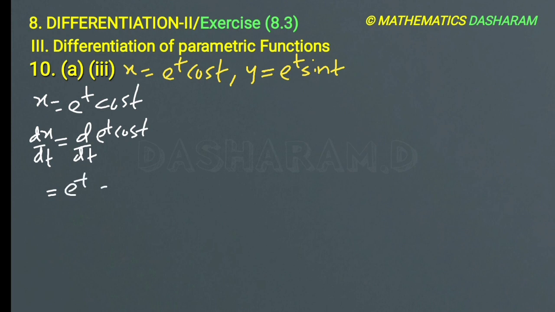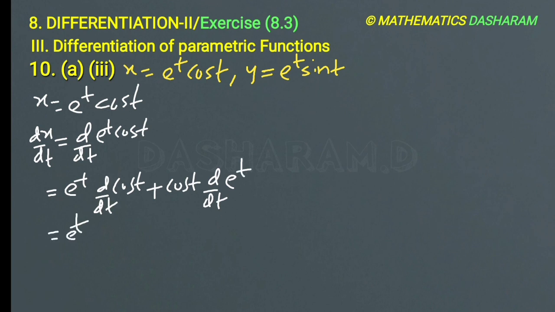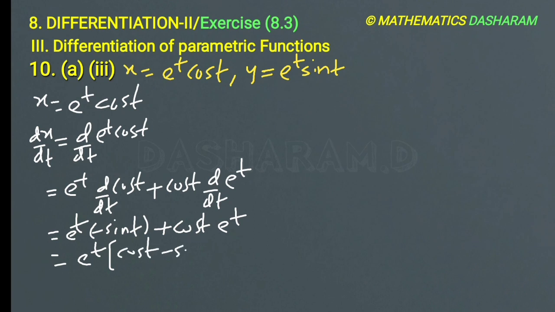That is e power t into d by dt of cos t plus cos t into d by dt of e power t. So e power t into derivative of cos t, minus sin t. Next, cos t into derivative of e power t, which is e power t itself. Now we can take e power t common. First I am writing the positive term cos t, next the negative term minus sin t. So this is dx by dt.